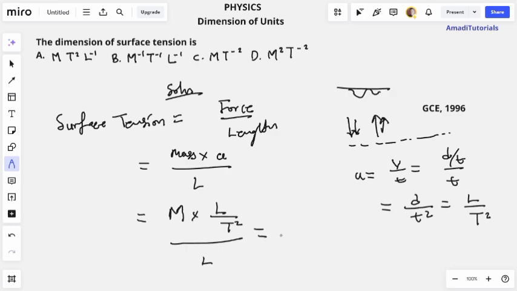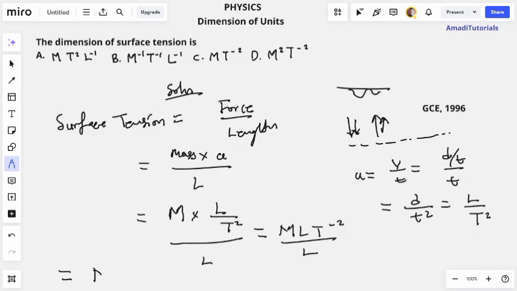So we do that properly, you have m L T raised power minus 2 divided by another L. So that final answer will be, when this L on the bottom goes to the top, it becomes raised power minus 2.